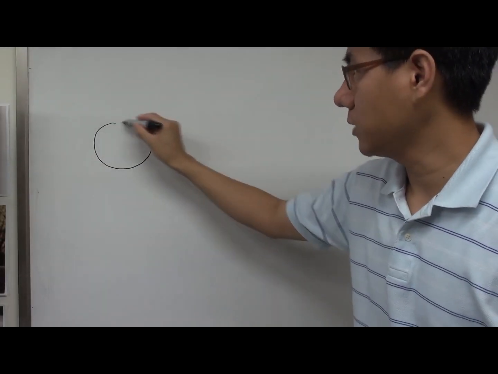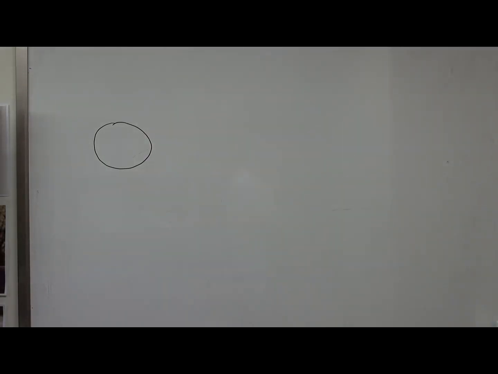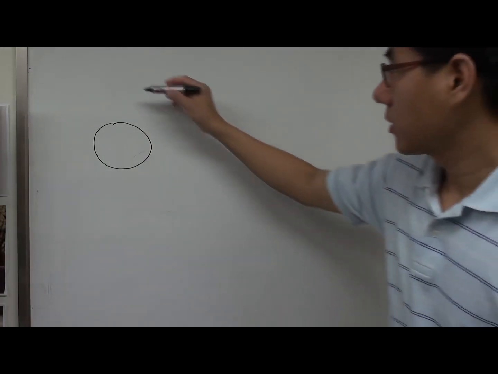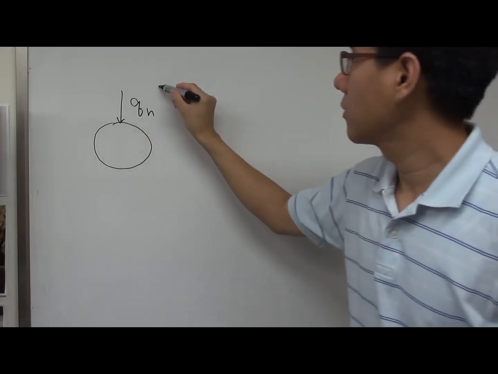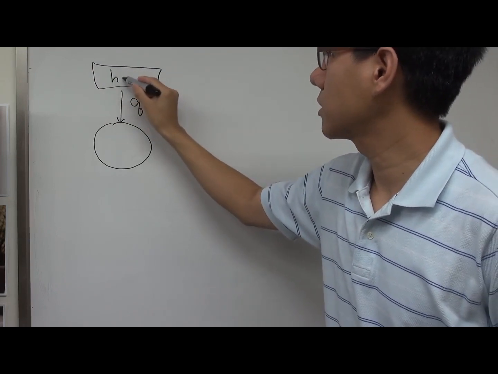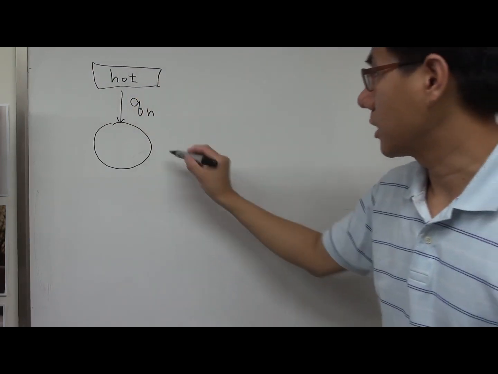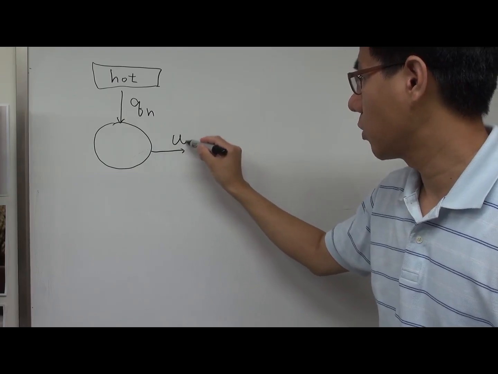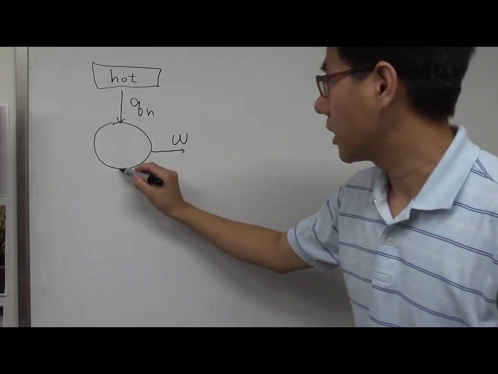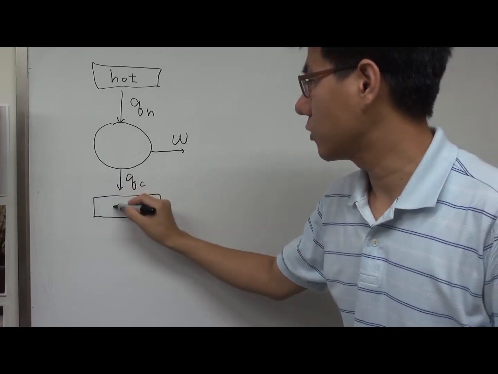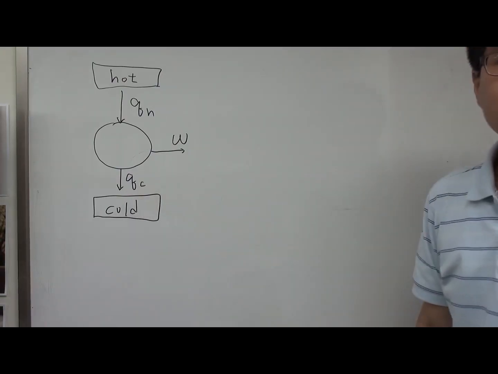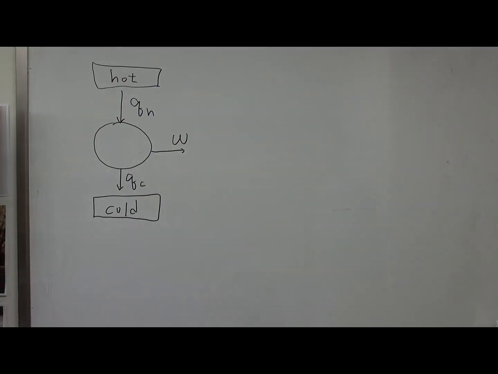So it could be represented something like this. Engine does cyclic process. Okay. It absorbs a certain amount of heat, QH, from hot reservoir. Okay. And it converts heat to work. Okay. And some amount of heat should be discarded to the cold reservoir. Right? This was the second law of thermodynamics. Remember? Okay.